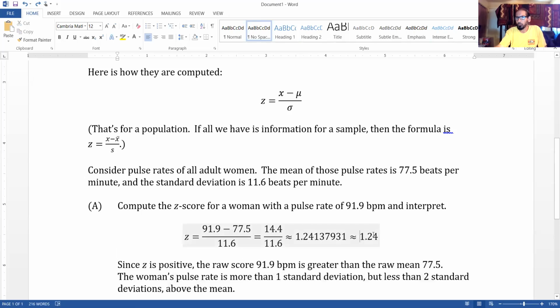So that 1.24, that's somewhere between 1 and 2. That means that a woman's pulse rate is more than 11.6 beats per minute above the mean, but less than 2 standard deviations above, so less than whatever 77.5 plus 2 times 11.6 is. Specifically, it's this far away from the mean in terms of standard deviations.